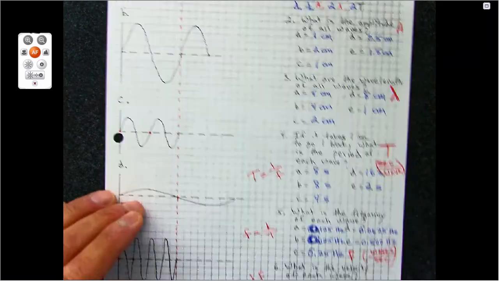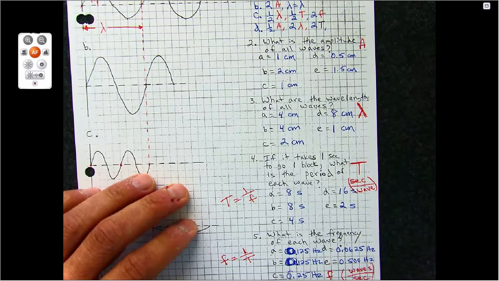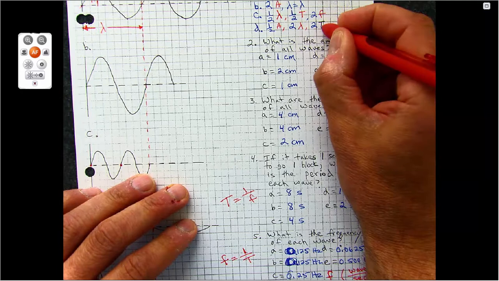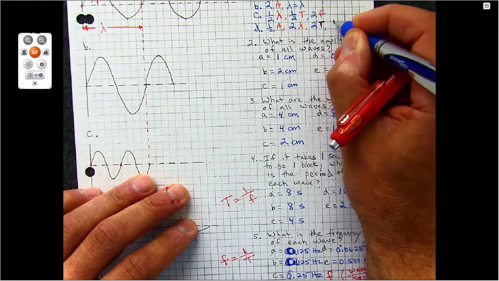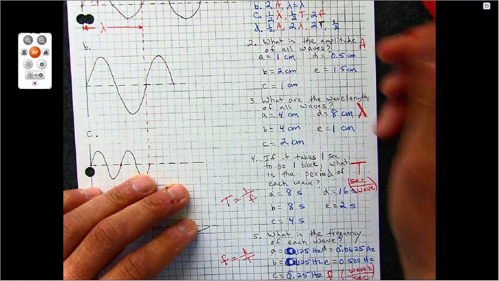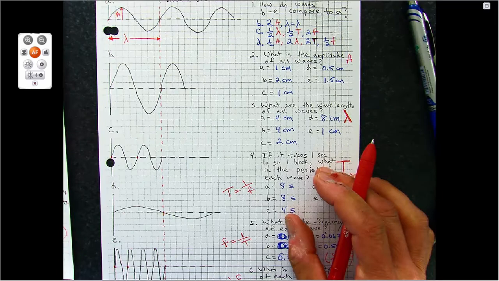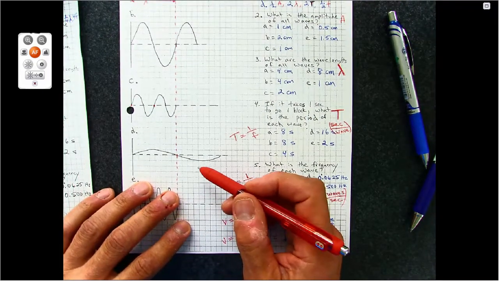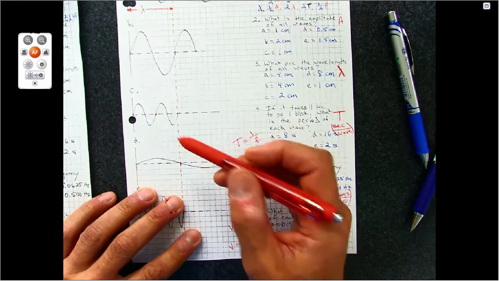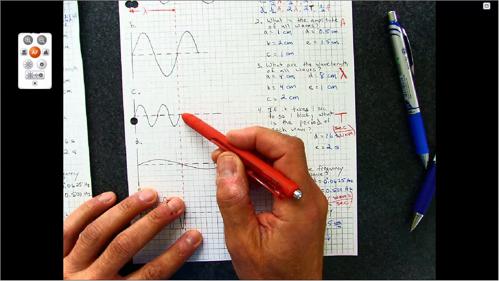And finally we have, now again, frequency, you can look at frequency as how many waves do you get till you get to this line.